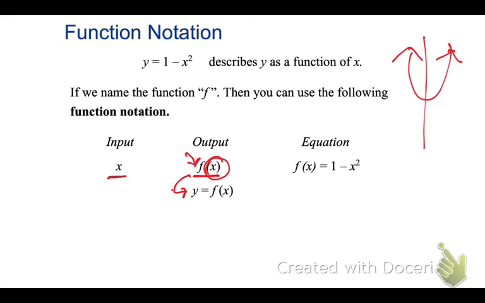If I had w of s, what's the function name? W. This is the name. What is the independent variable? S. The name comes first, the independent variable comes second.